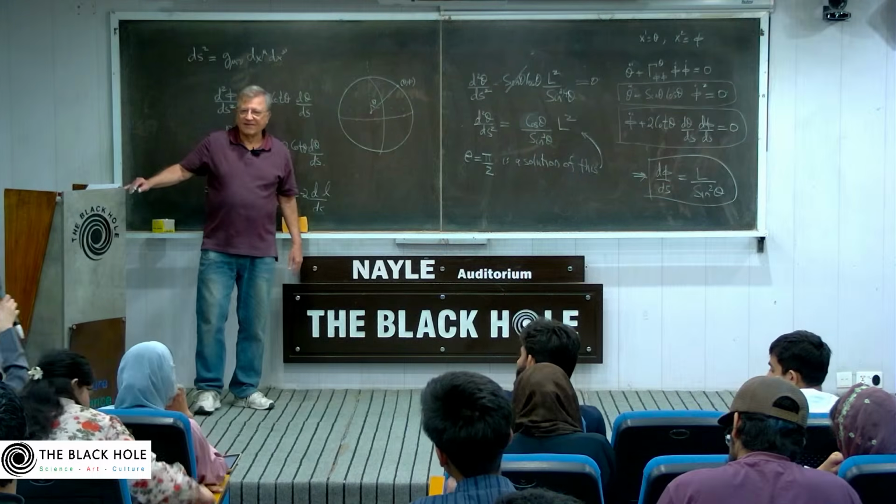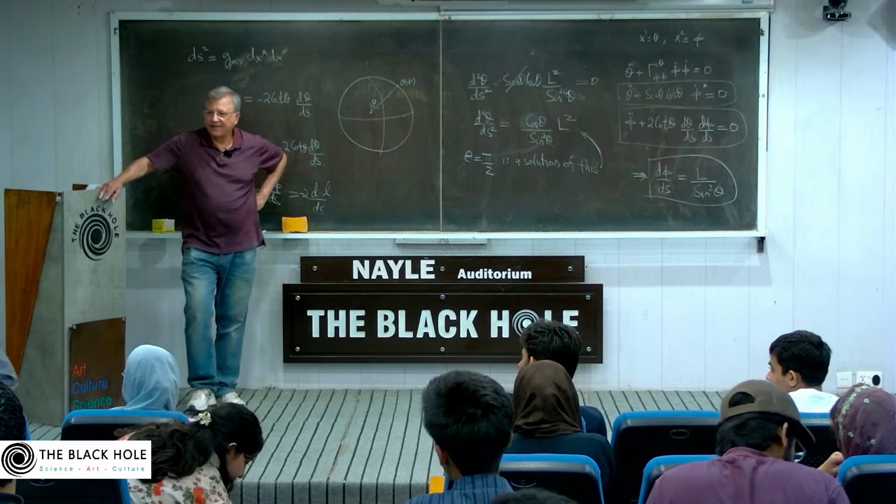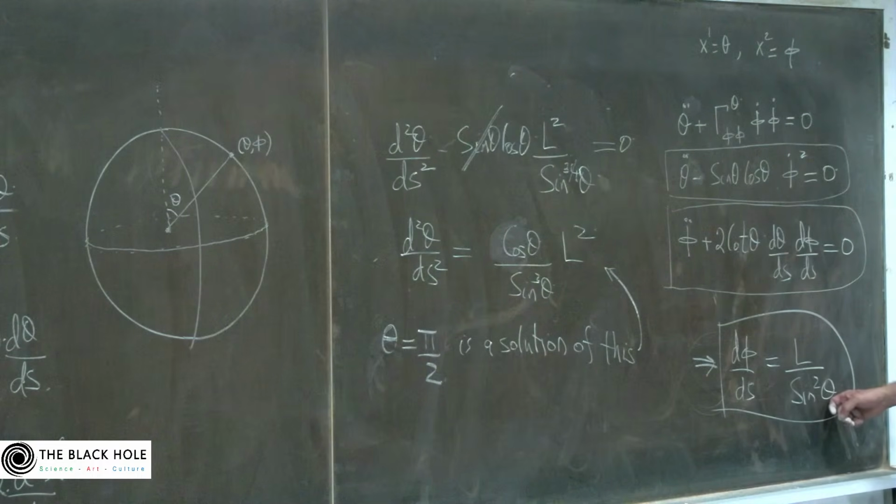If you look at the right hand side of the equation, theta equal to 0 would give a 0 in the denominator. Absolutely. And theta equals pi by 2 will give you 1. And theta equal to pi will also give you 0.